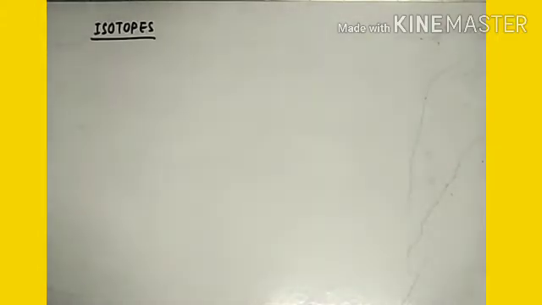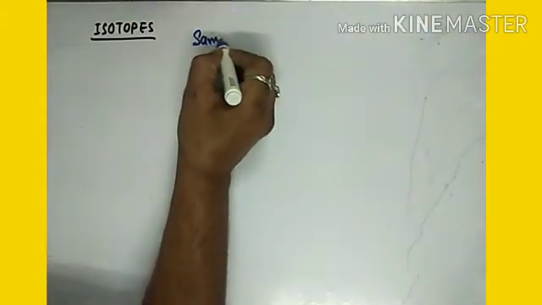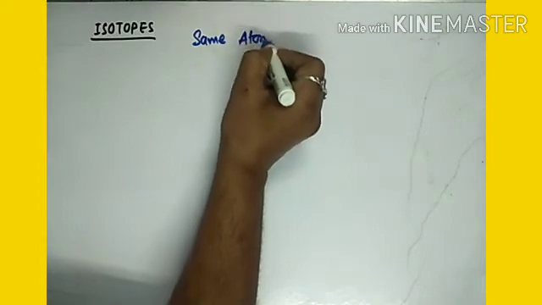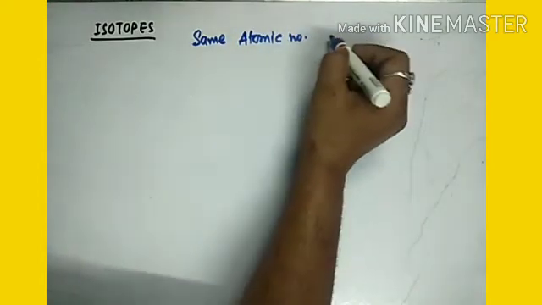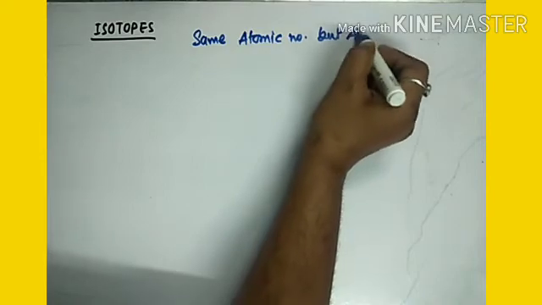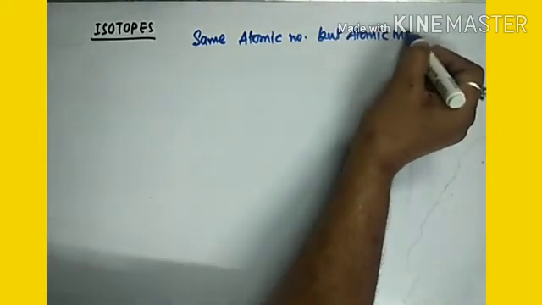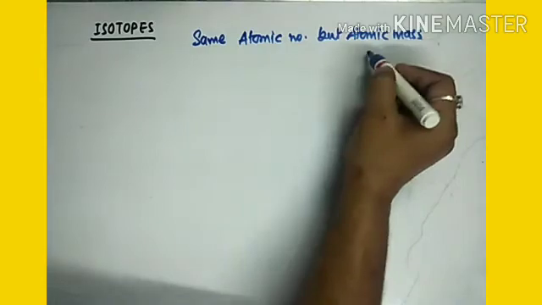Well, the next topic is isotopes. So what exactly are isotopes? Isotopes are those elements or atoms which have the same atomic number, but atomic masses are different.